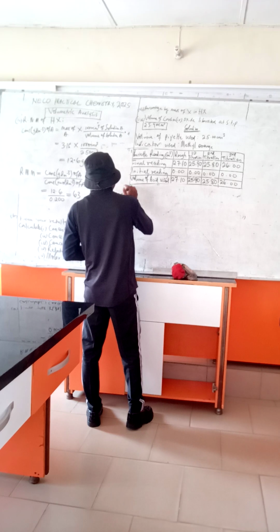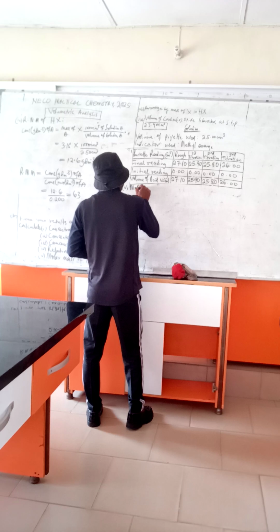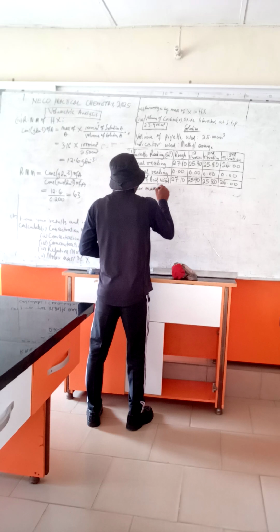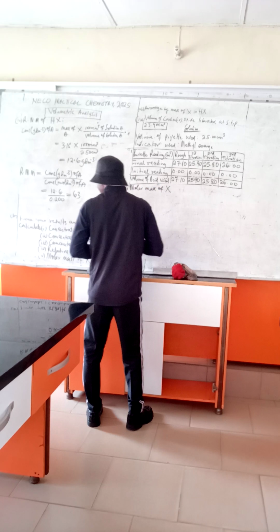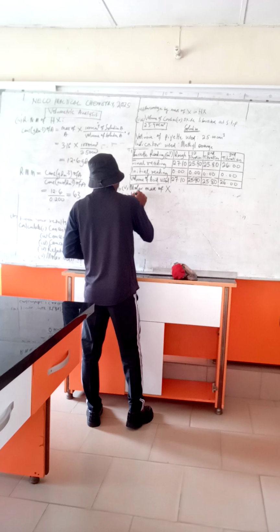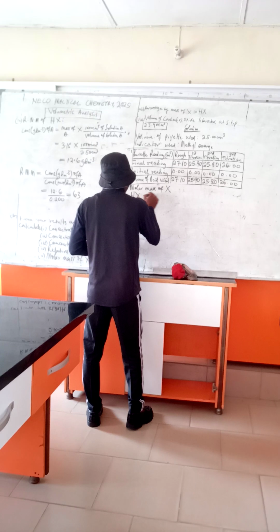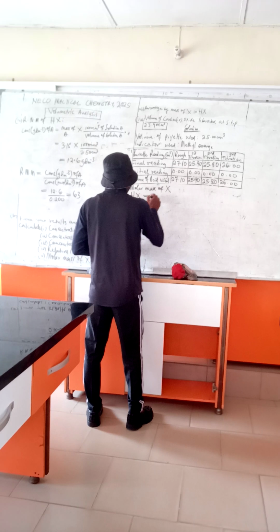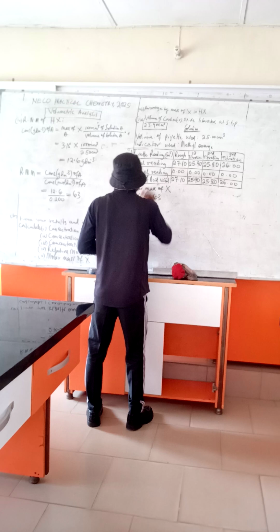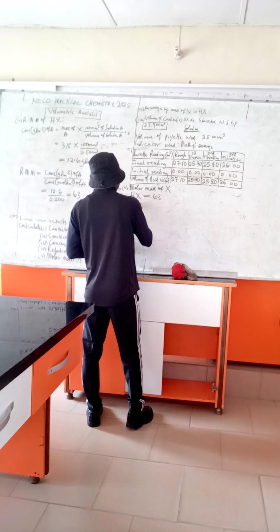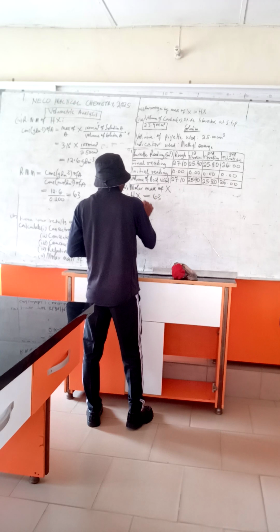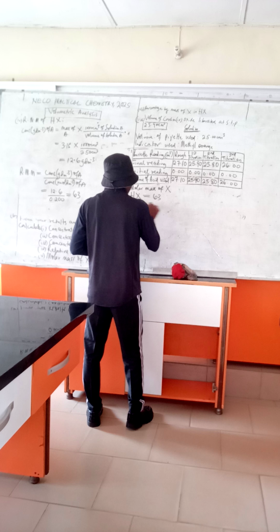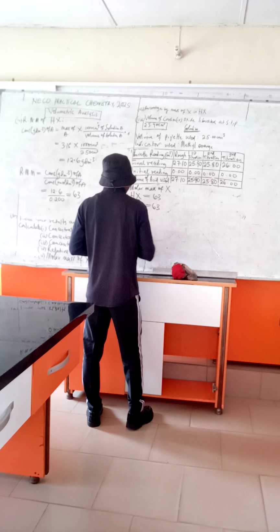That is V. Question B. Molar mass of X. Recall that the acid HX has the relative molecular mass of 63. Now this means that 1 plus X, that's for hydrogen, is equals to 63.